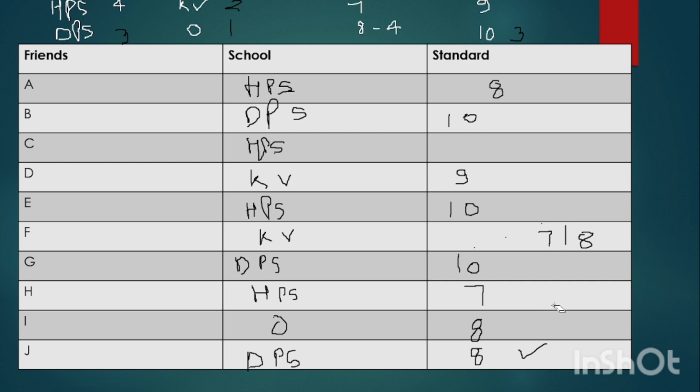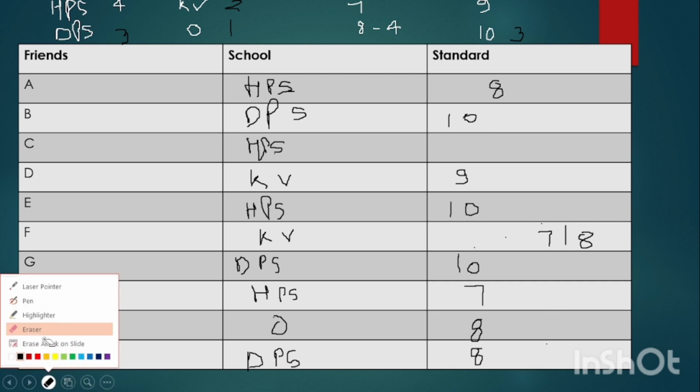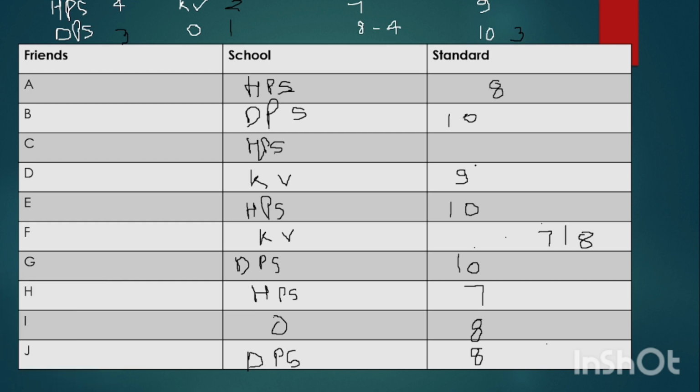We don't know what the values are for 7 and 9. But now see, if I put over here 7 for KV, or say if I put over here 8 for F, it is not going to give me a problem. But we don't know the values for 7 and 9.